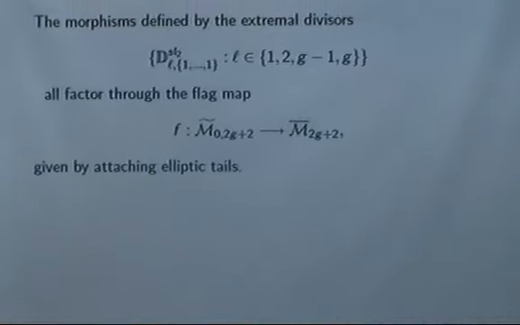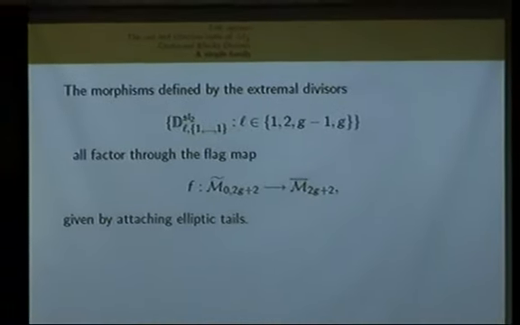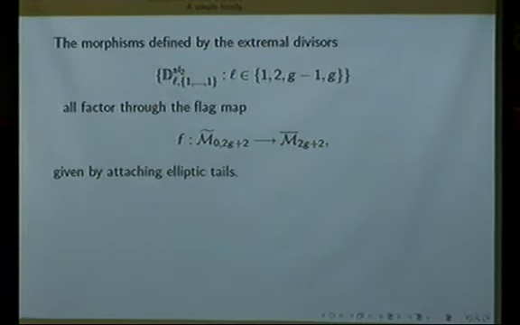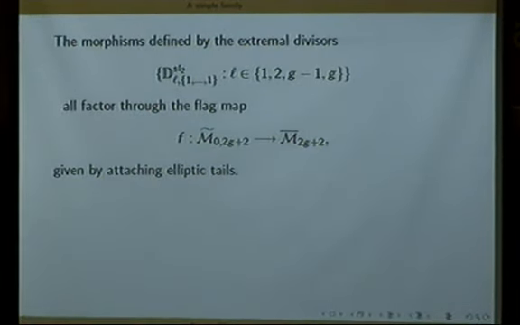In fact, often more than one divisor will pull back. You can have up to 3 extremal divisors pulling back to 1. Often you'll have 3.